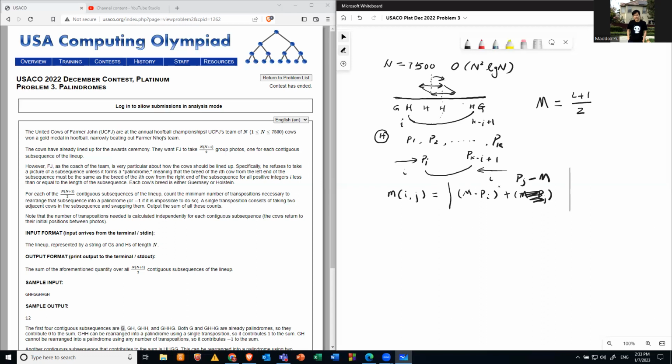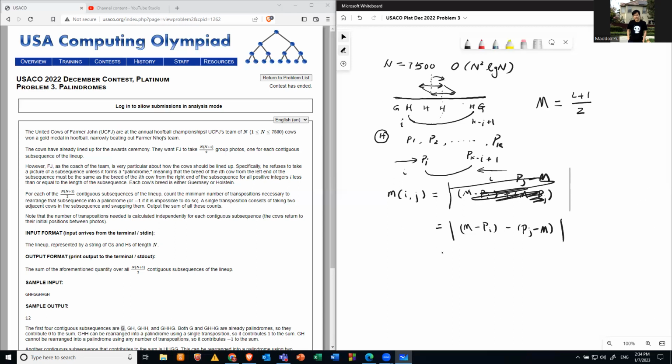Okay. So you have to move that much. Okay. It's actually... did I write it correctly? If I have I, actually, I mean, it should be M minus P of I minus P of J minus M. So that actually should be like this.